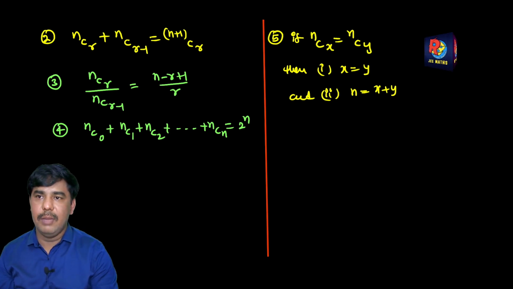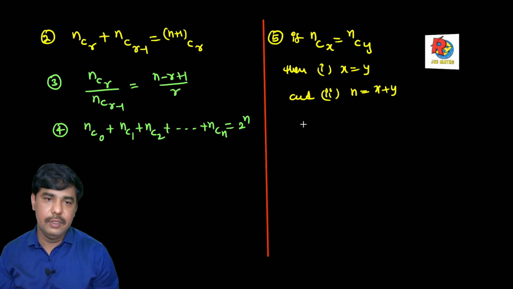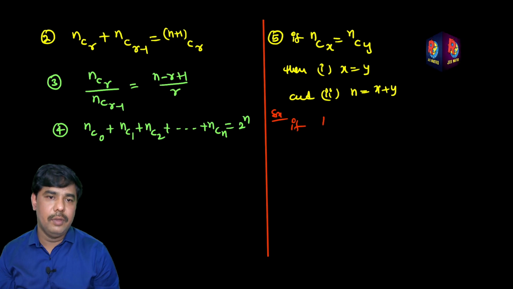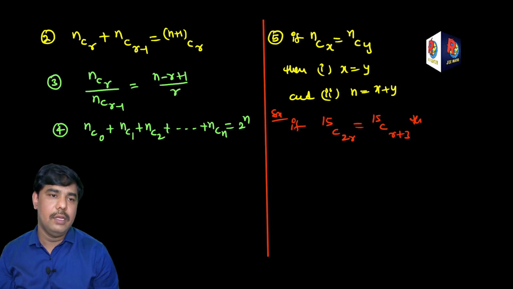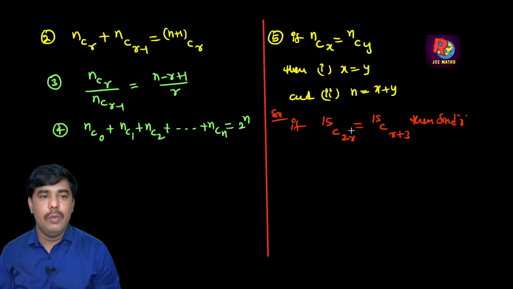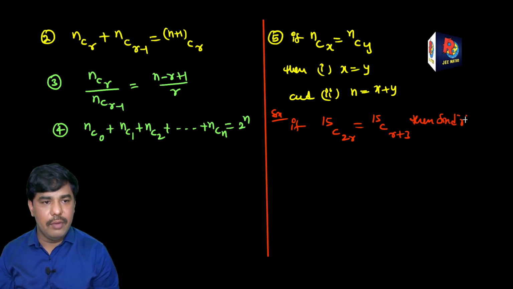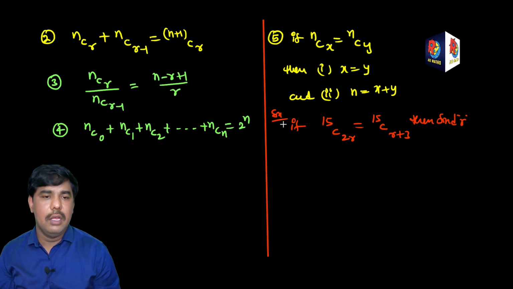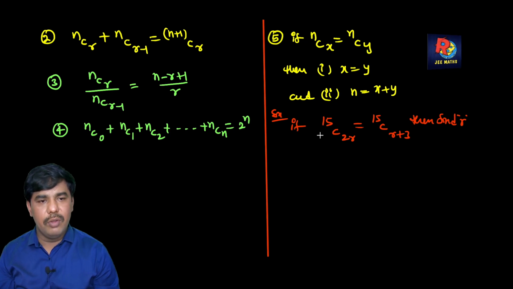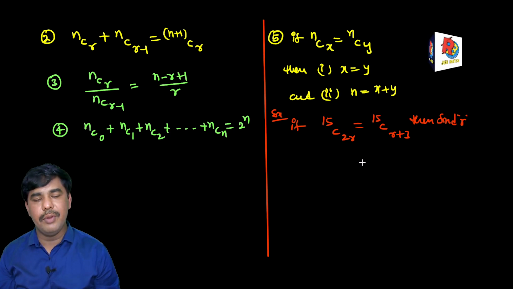For this, you can observe an example. If 15C 2r equals 15C r plus 3, then find r. If you are not remembering this formula, what do you need to do? Here also you need to apply the NCR formula, and here also.